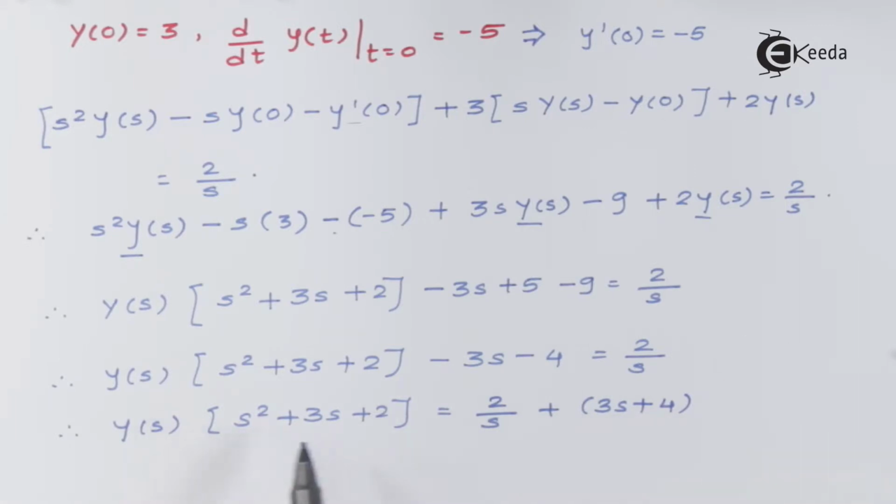If I shift this s square plus 3s plus 2 to the denominator of 3s plus 4, then this whole term will give us the zero input response, which means the output produced due to 3s plus 4 will give us the zero input response, and the output produced due to 2 by s will give us the zero state response. And if we combine both these things, then you will get the total response.